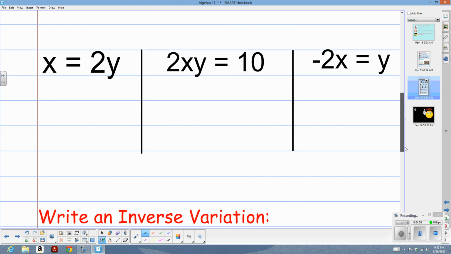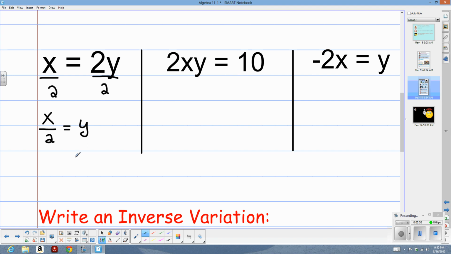Now the next type of example is looking at equations to determine whether it is a direct variation or inverse variation. You could think of it as solving for y to see which one it looks like. If I wanted to solve this for y, I would divide both sides by 2, and I end up with x divided by 2 equals y.